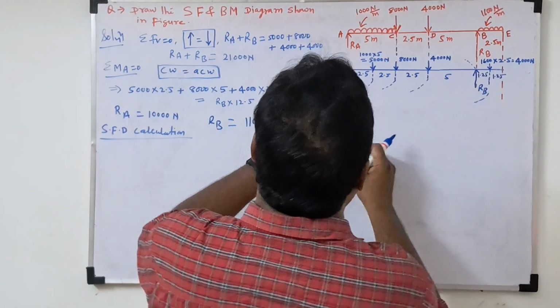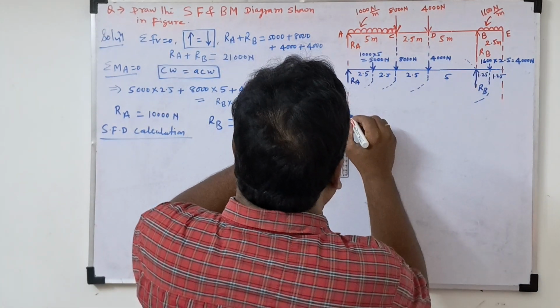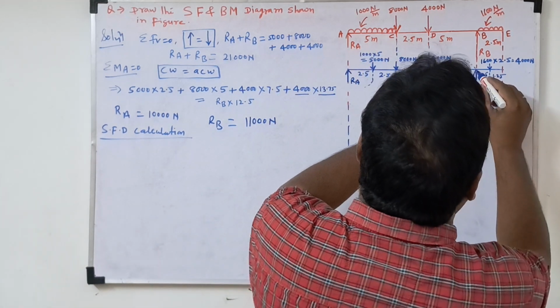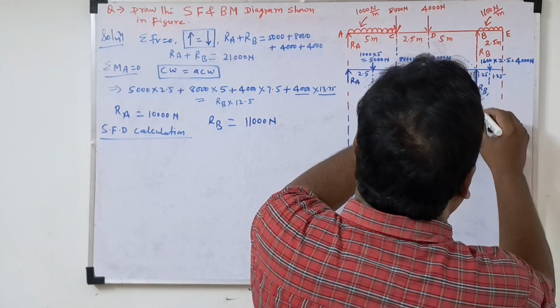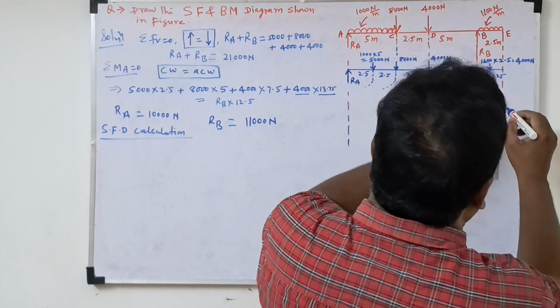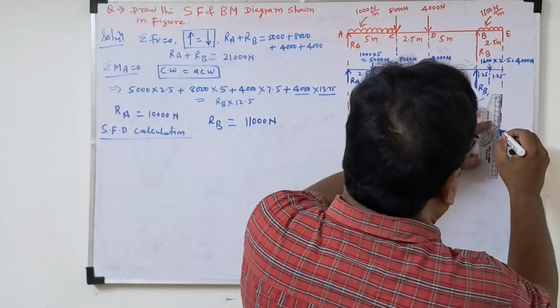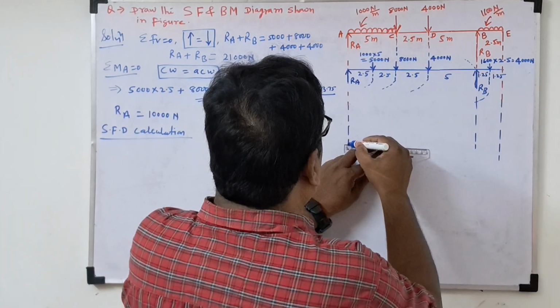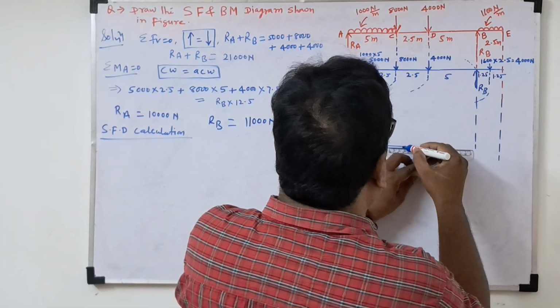Before the shear force calculations, we draw the zero line of the shear force, and we will assume the sign convention, so that way we can calculate. So this is the shear force zero line.